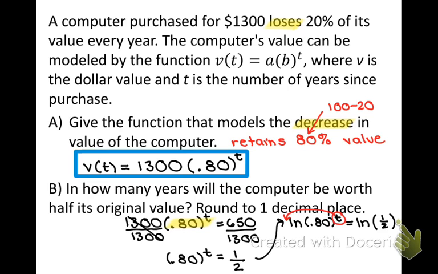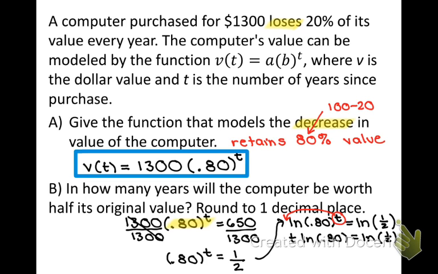I get t times the natural log of 0.80 equals the ln of 1/2.